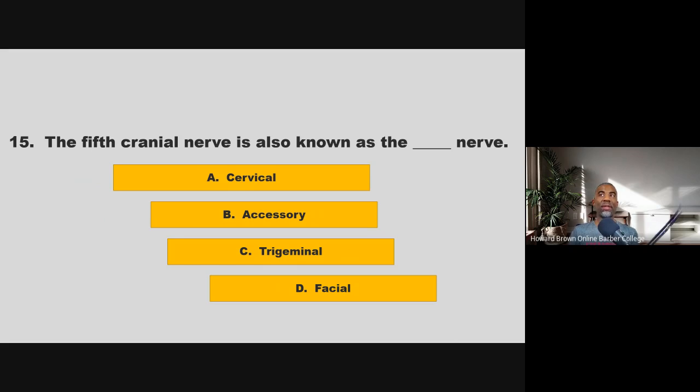The 5th cranial nerve is also known as the blank nerve. Is it cervical, accessory, trigeminal, or facial? If you chose C, trigeminal, you are correct.